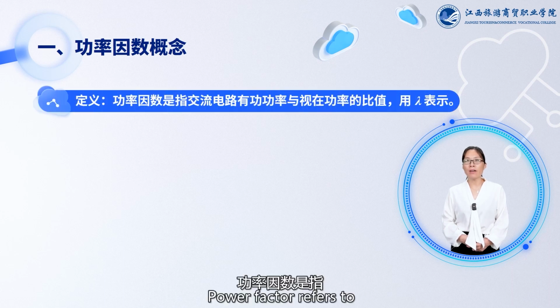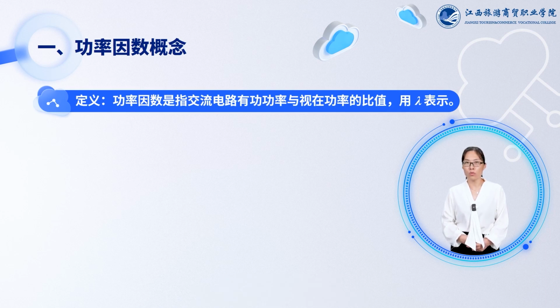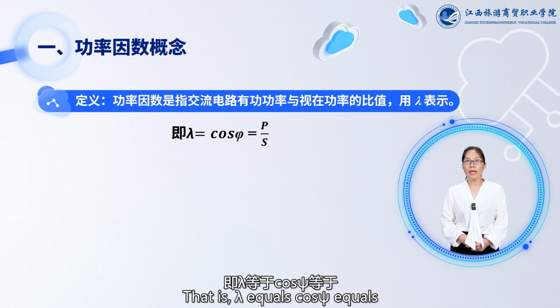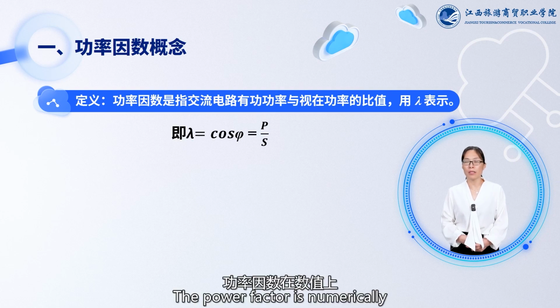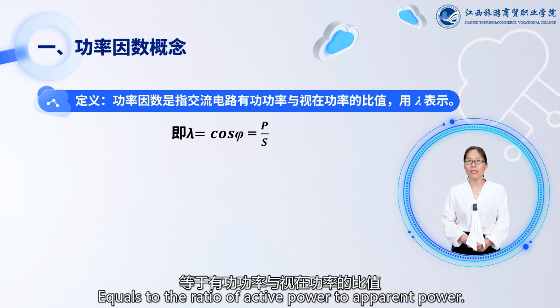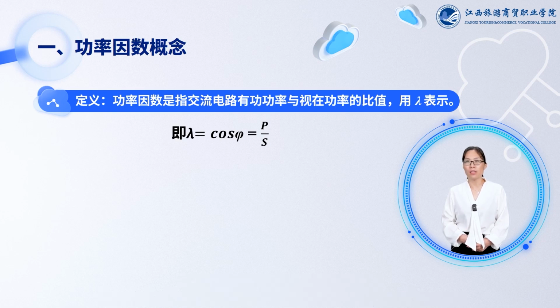Power factor refers to the ratio of active power of an AC circuit to apparent power, expressed by lambda. That is, lambda equals cosine phi equals active power P divided by apparent power S. The power factor is numerically equal to the ratio of active power to apparent power.